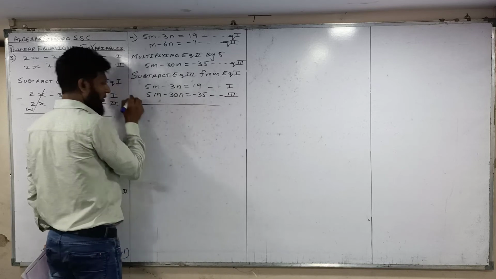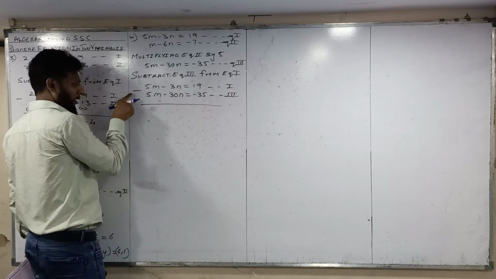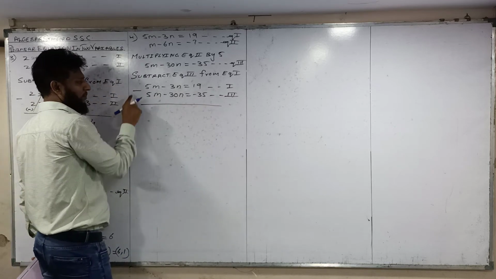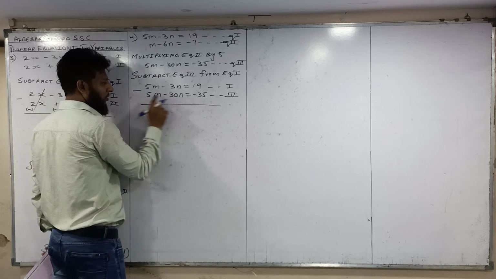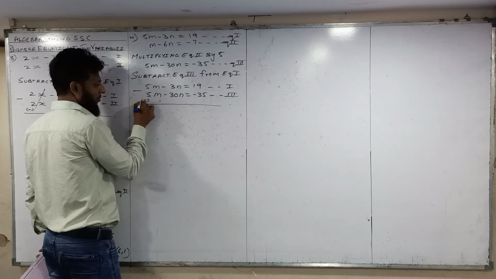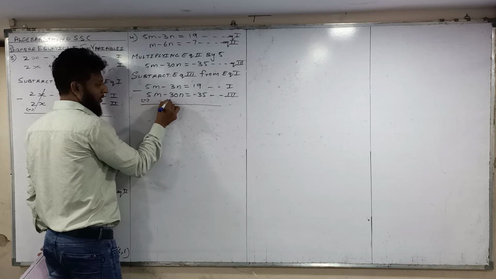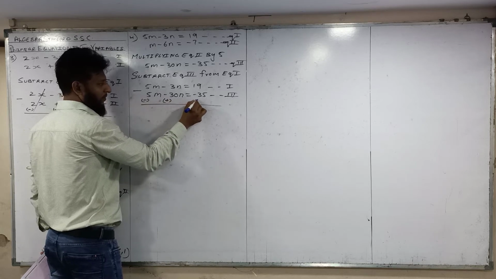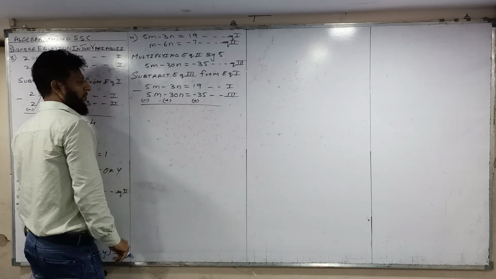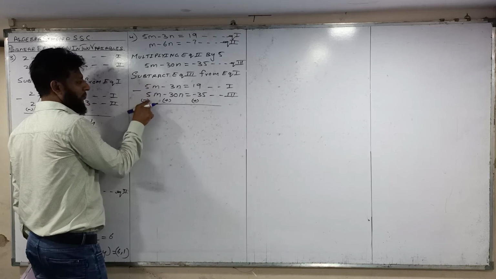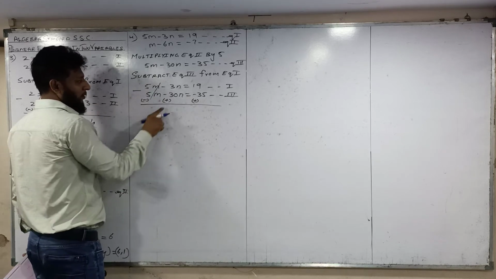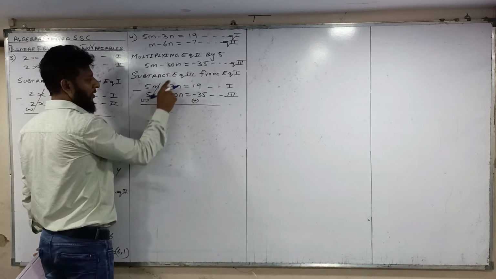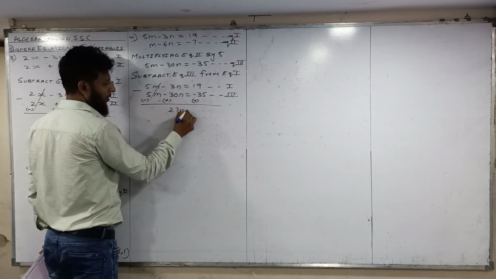Now subtracting, so put the sign in the middle, and now you have to change the signs. So plus 5 becomes minus, minus 30 will become plus, minus 35 will become plus 35. Now this 5 and this minus 5 cancelled. This plus 30n and minus 3n give you 27n.